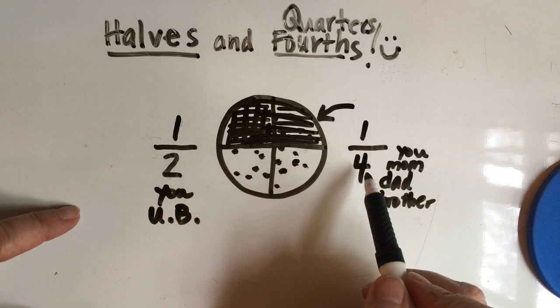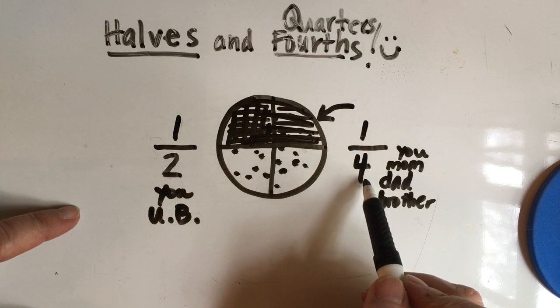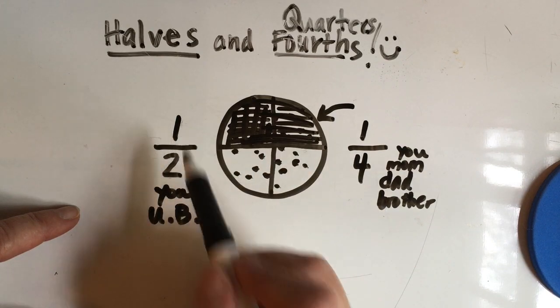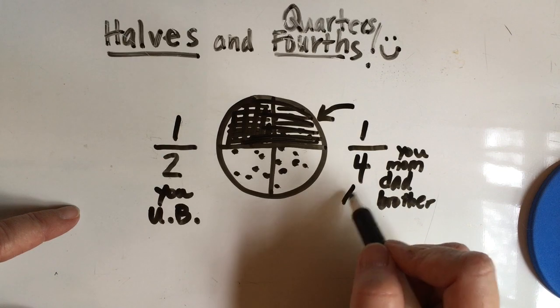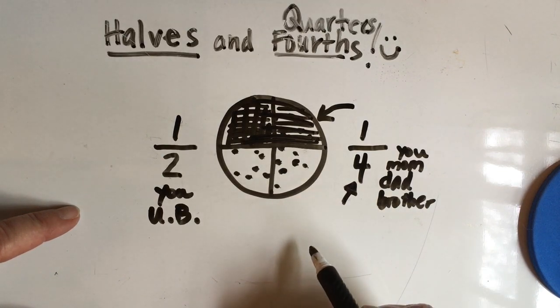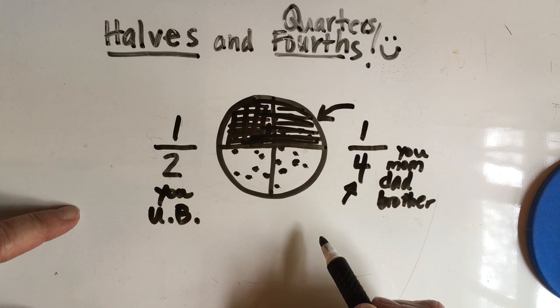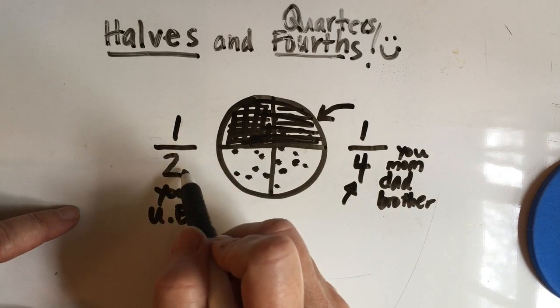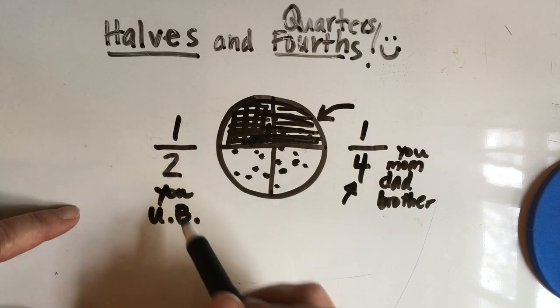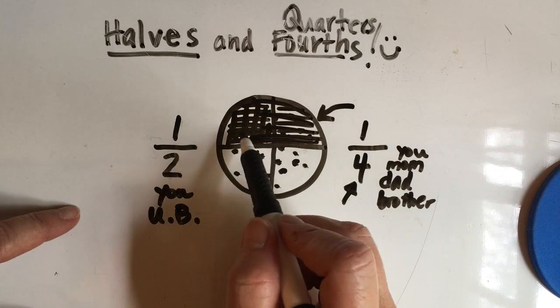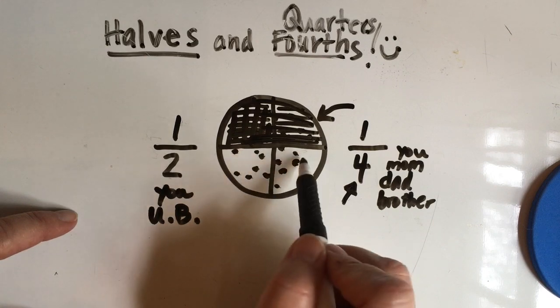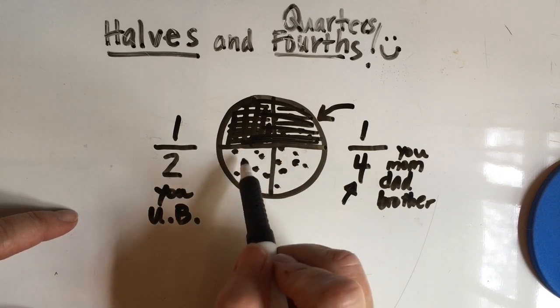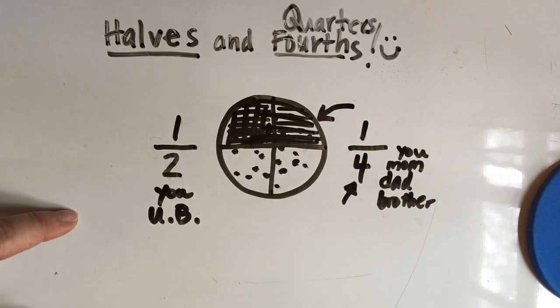So the larger the denominator, the smaller the piece. So that's a big denominator. So that means more pieces, and the pieces are smaller. And this is a smaller denominator. So it's fewer pieces, just one piece, two pieces, and the pieces are bigger.